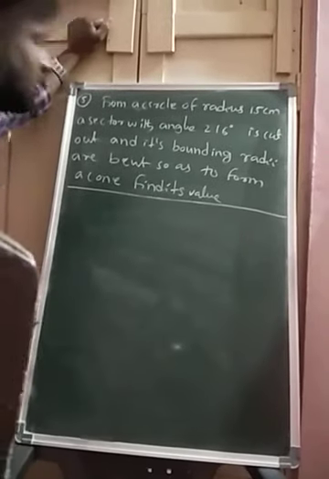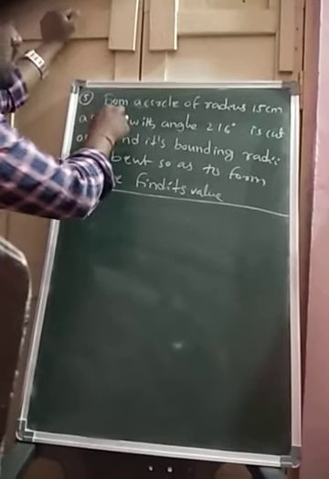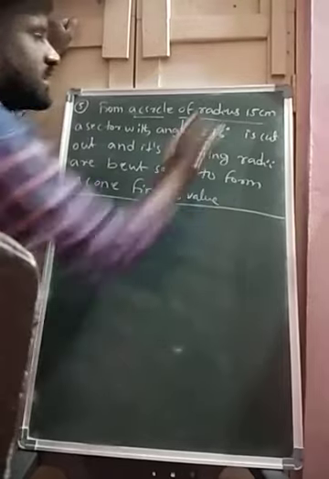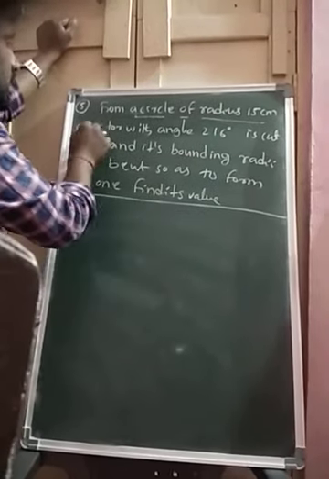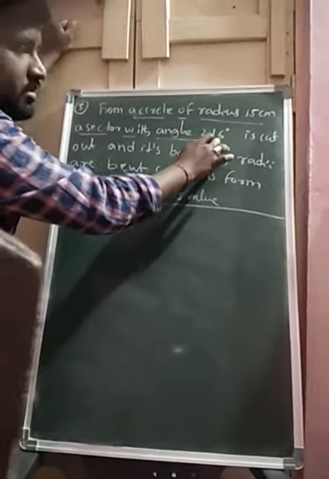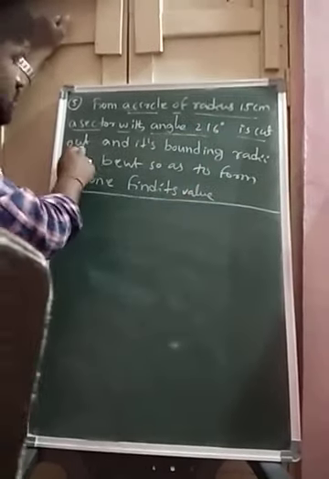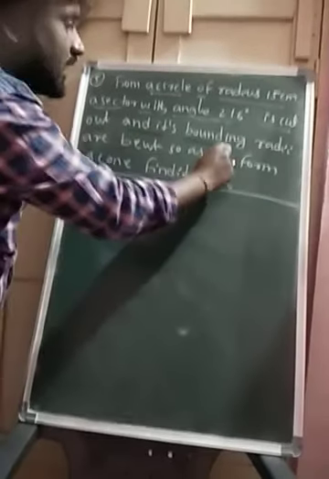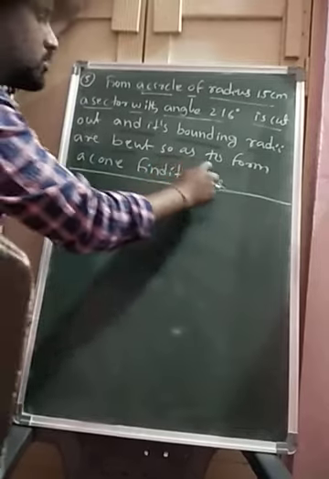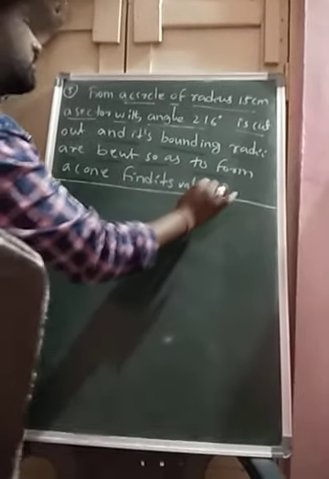Okay students, now the next question. The question is: from a circle of radius 15 centimeter, a sector with angle 216 degrees is cut out, and its bounding radii are bent so as to form a cone. Find its volume.